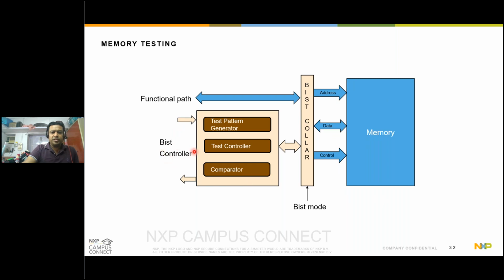Through this BIST controller, you will do a sequence of write and read operations in this memory and test it. The BIST controller mainly consists of 3 blocks: test pattern generator, test controller, and a comparator.